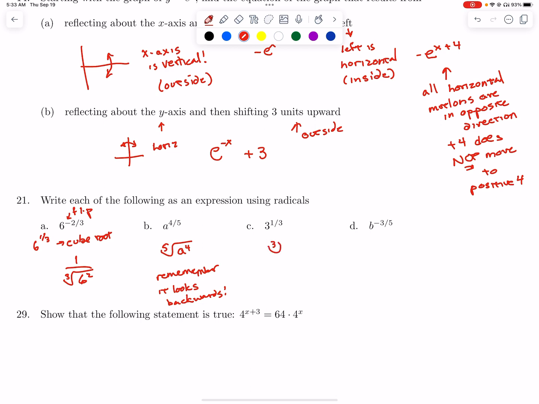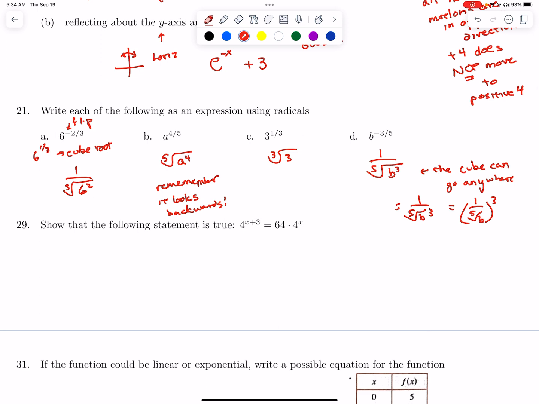Okay, cube root, and then flip, fifth root and cubing. Okay, so the order doesn't matter, just as long as you're cubing there.